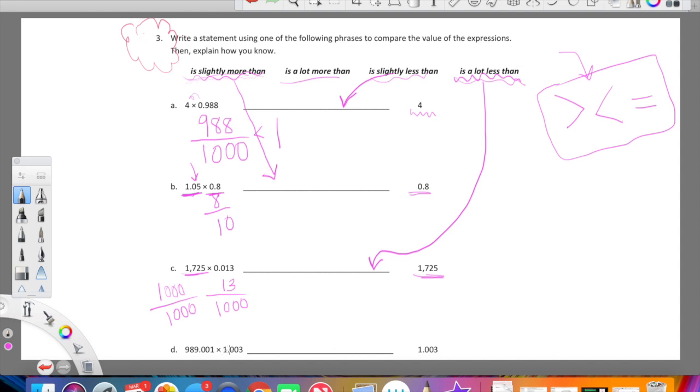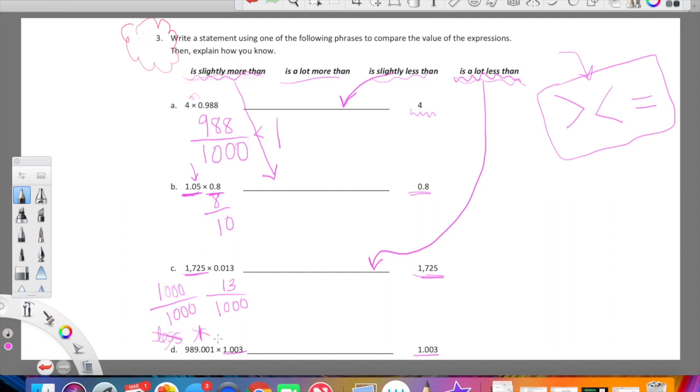Here, our base number is 1 3 thousandths. We're multiplying 1 3 thousandths by 989 and 1,000ths. Let's think about 989 and 1,000ths. Is it equal to 1? Is it a lot less than 1?